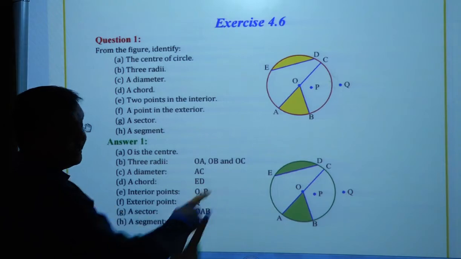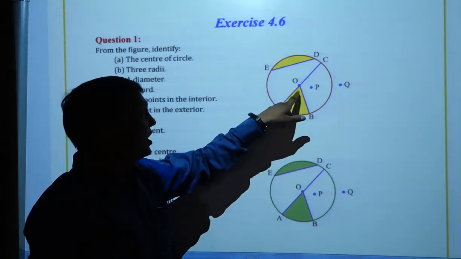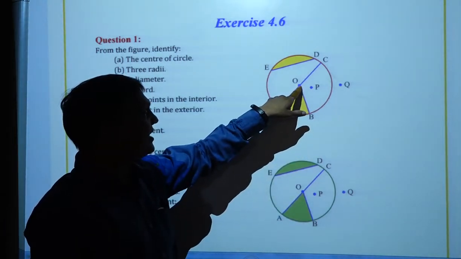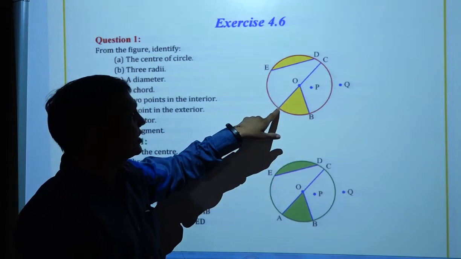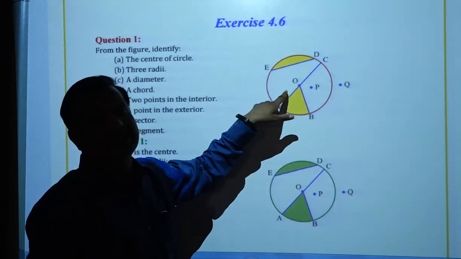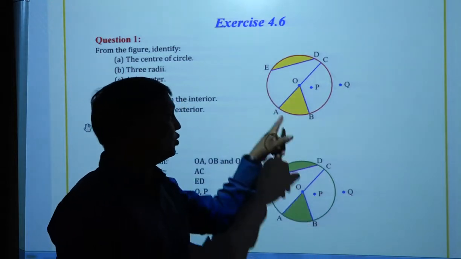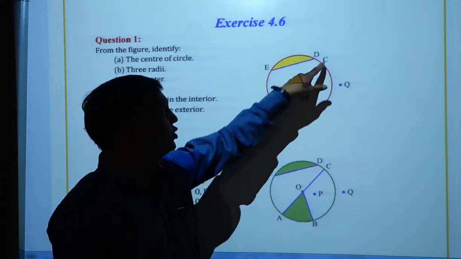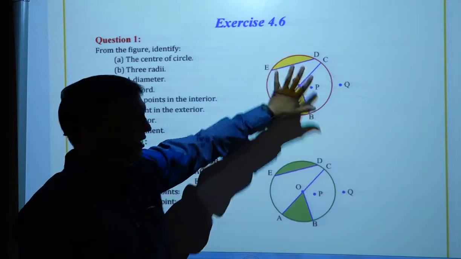OA, OB, OC. Radius means a line which starts from the center and goes to a point on the circle. There are so many radii in a circle, an infinite number. So OA, OB and OC are the three radii of this circle.